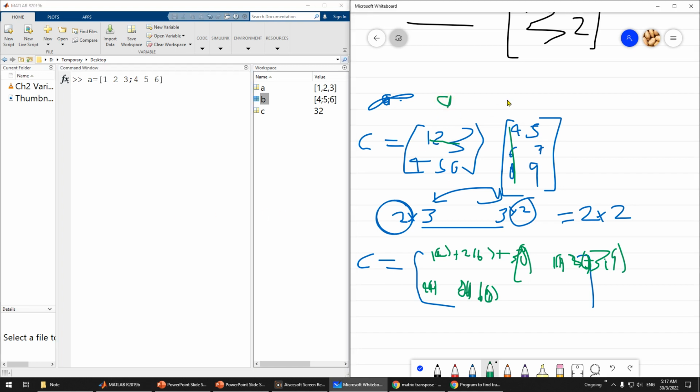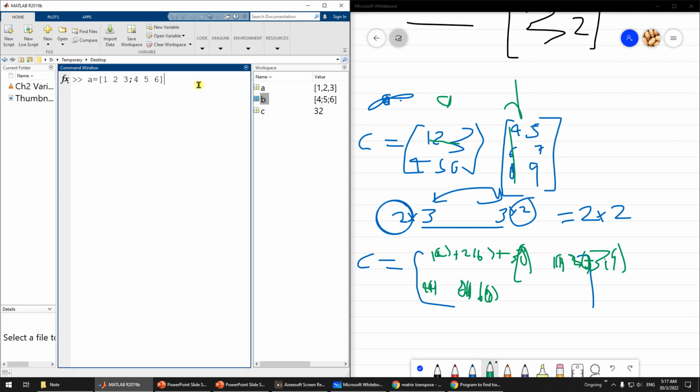This is A, this is B. Okay, so you get A, and then how to insert B? You complete the first row first, 4 and 5, semicolon, second row, 6 and 7, third row, semicolon, 4, 8 and 9.